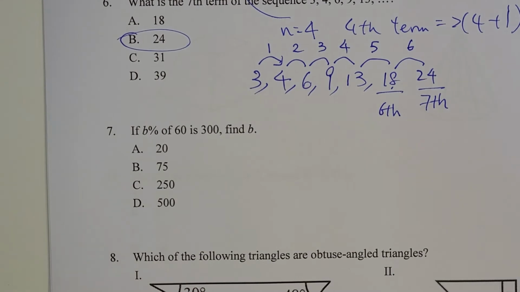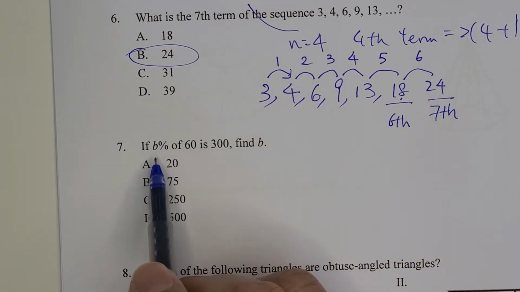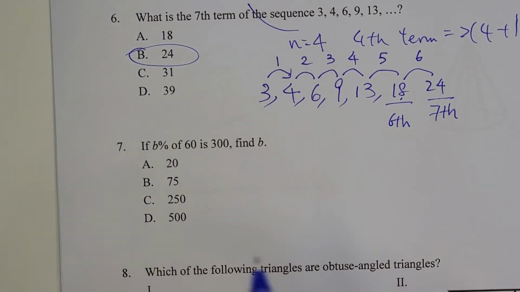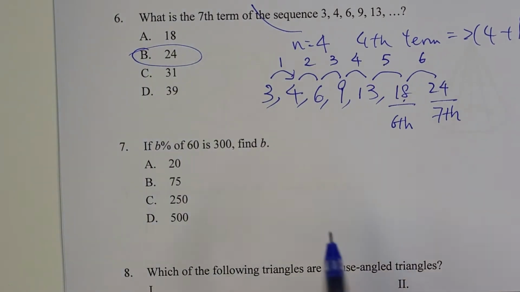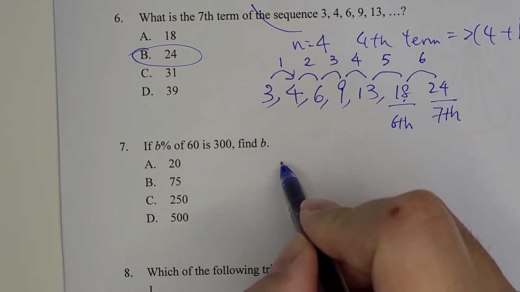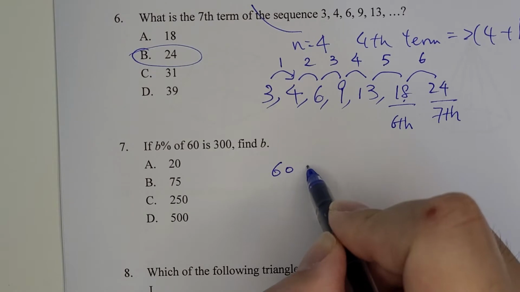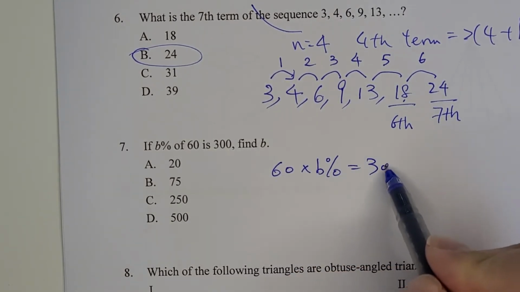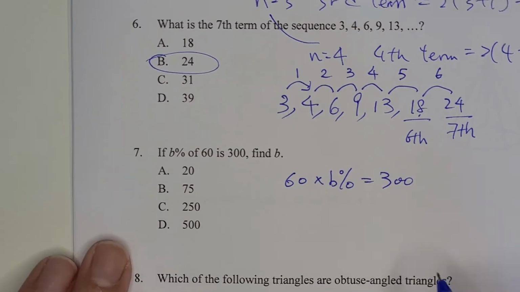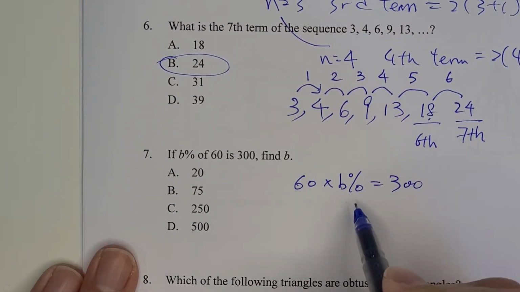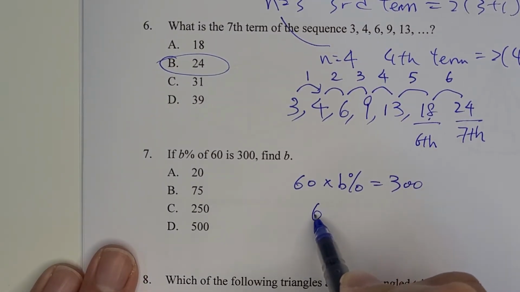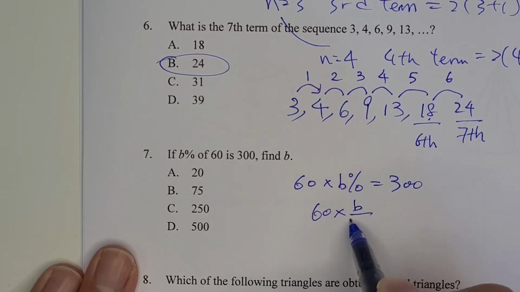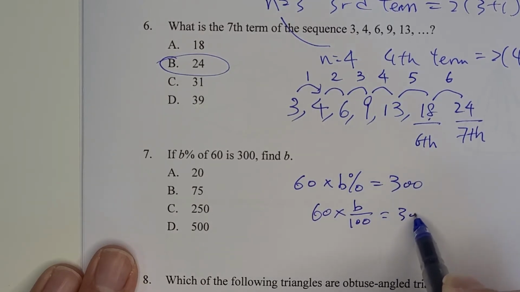Go to question number 7. If B% of 60 is 300, find B. 60 times B%, that is 300. So how do we tackle this? 60 times B over 100, that's 300.